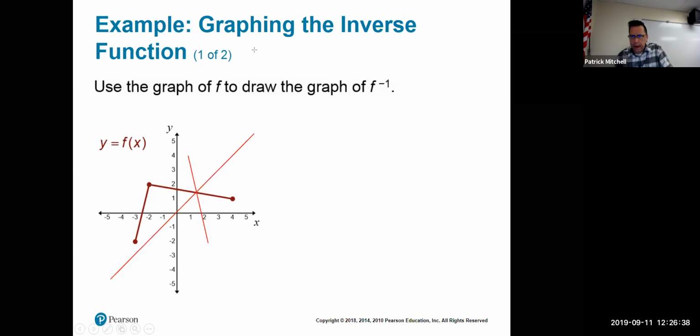All right, so what's happening there, let me just point at some things here. This part of the graph of f is getting reflected over here, all right? So for example, the point (4, 1) on the original function moves over to (1, 4) because x and y trade places, right? The point (-2, 2) on the graph of the original function moves over to (2, -2), okay?